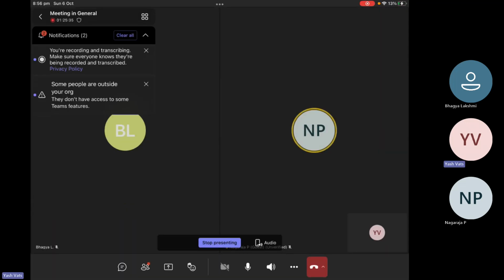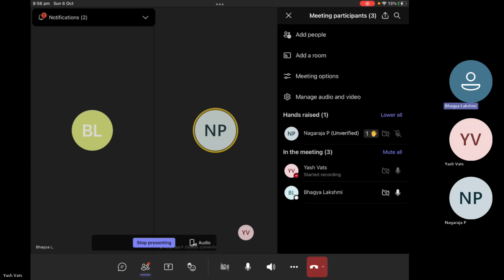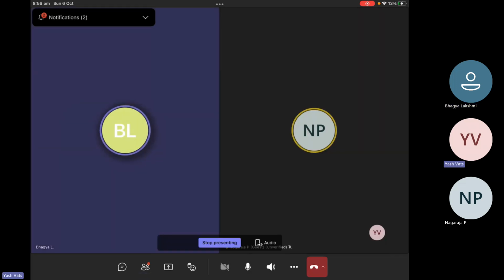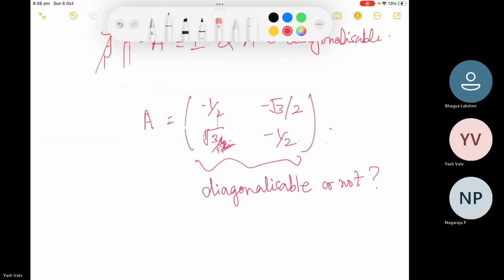Bhagya, you were asking, can you check whether it is diagonalizable or not? Yes, sir, I'm checking. Root 3 by 2, minus 1 by 2.